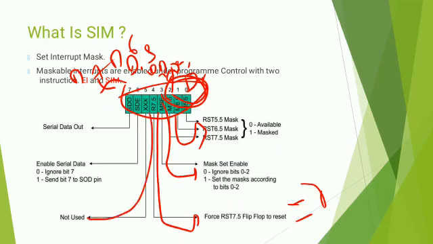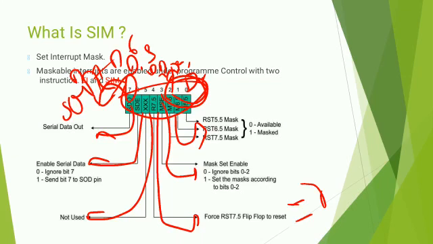Bit D5 is not used. Bit D6 is SDE, enable serial data. If it is 0, ignore bit D7. If it is set to 1, send bit 7 to the SOD pin. Now this is SOD, serial data out.